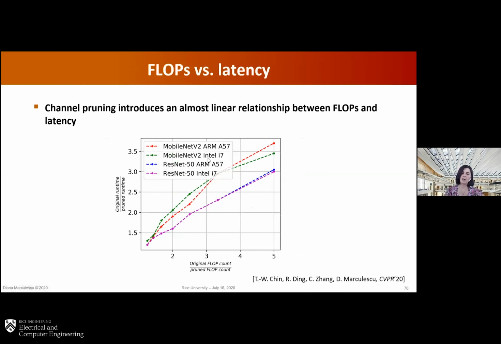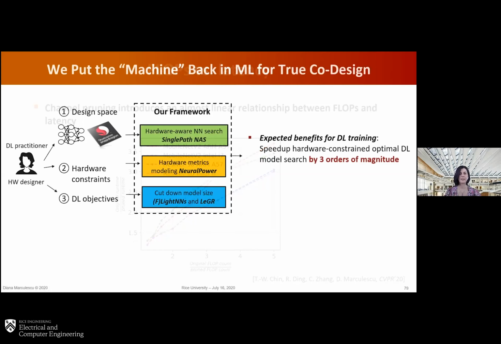And if you look at how it compares across different platforms and different types of networks, overall, you can see that this channel pruning introduces an almost linear relationship between flop count and latency, which is great because you can use flop count as a proxy for latency, for example, or perhaps through another transformation, flop count to energy or memory footprint.